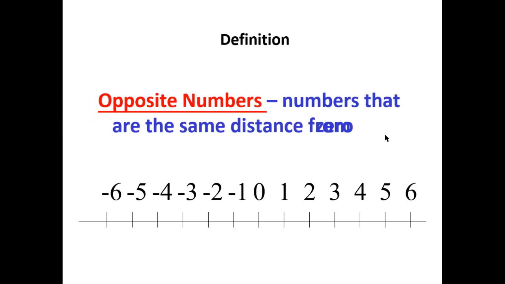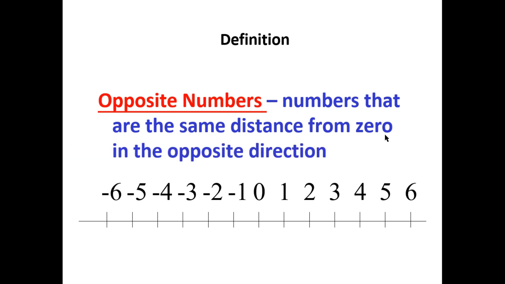Opposite numbers. Numbers that are the same distance from 0 in opposite directions. Here is an example: -3. What will be the opposite number of -3? It's +3.